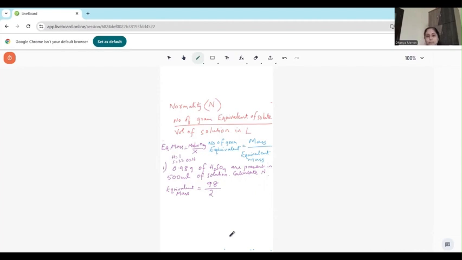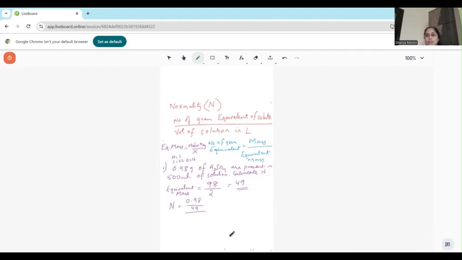From here, I will directly apply it in the formula. So normality is equal to number of gram equivalents. What is the formula? Mass over equivalent mass. Equivalent mass we have now, this is 49, right? Mass is given to you, 0.98, over equivalent mass 49, by, what is the volume? 500.